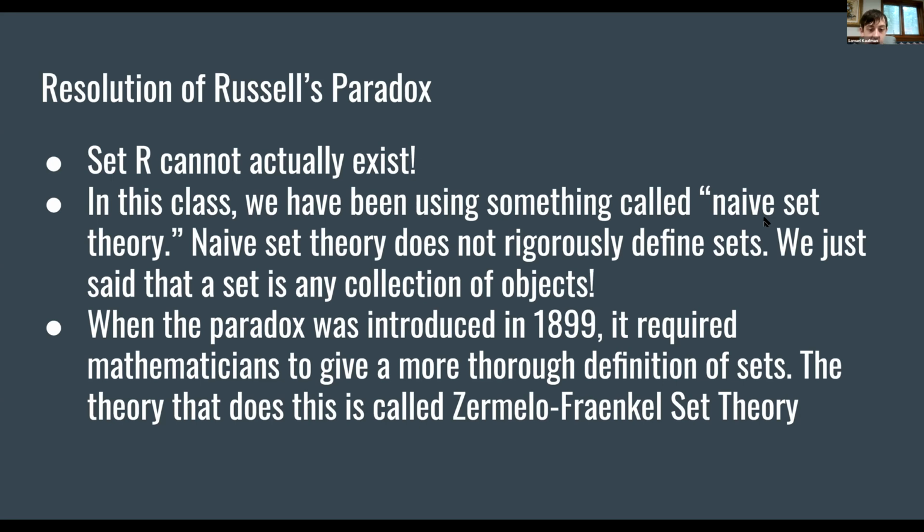So this is called Zermelo-Fraenkel set theory, or ZFC. This is how we get around Russell's paradox. We're not going to get into the details of ZFC here because it's kind of challenging, but it is interesting, and you're welcome to read about it on your own.